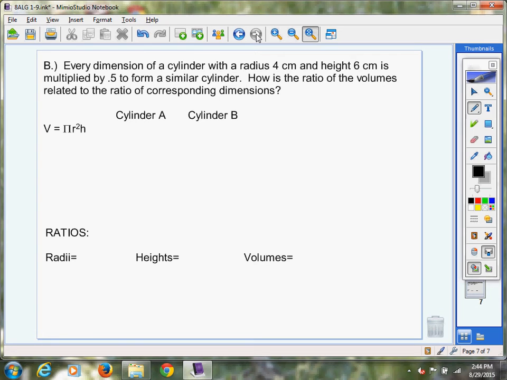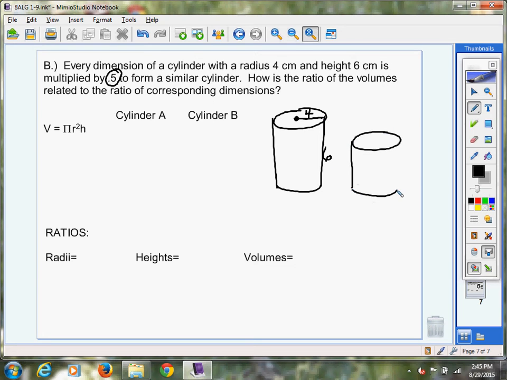So here we have a radius of 4 and a height of 6, and when you multiply that cylinder by half, you're going to have a smaller figure. So we'll have a 2, and then we'll have a 3 here, because we cut it in half. So the radius will be half, and the height will be half.